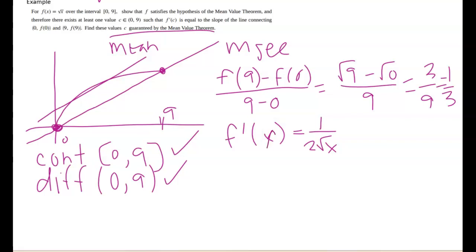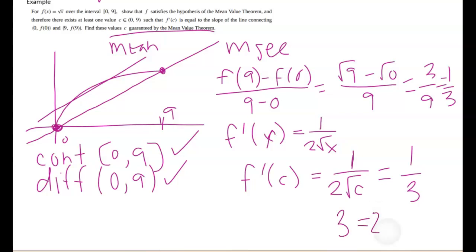And then there must be an f prime of c, so 1 over 2 square root of c, equal to the slope of the secant line. Because the numerators are both 1, if I cross multiply, the denominators have to be equal to each other.